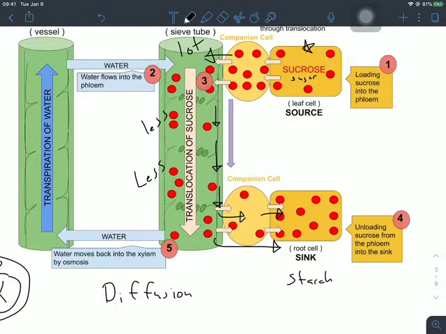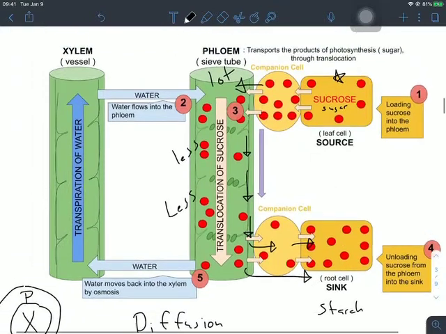By storing it in a non-soluble form, you are not messing with the diffusion of the substance throughout the plant. It is now stashed away in a box so that it doesn't affect this gradient of going from places where there's a lot of it to places where there's less and less and less.